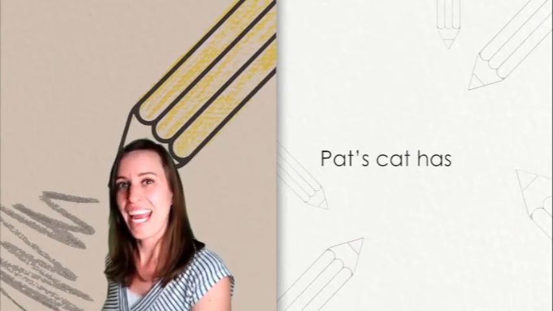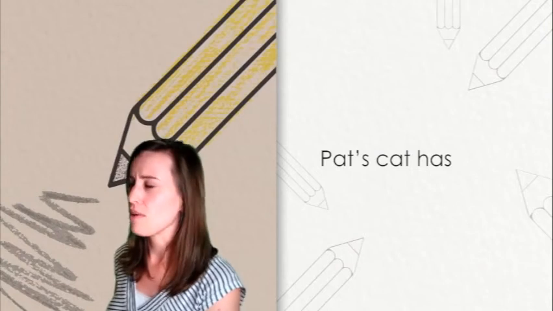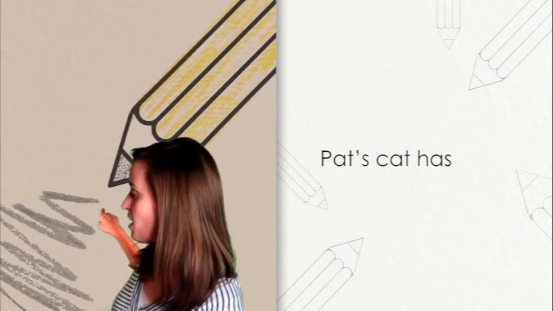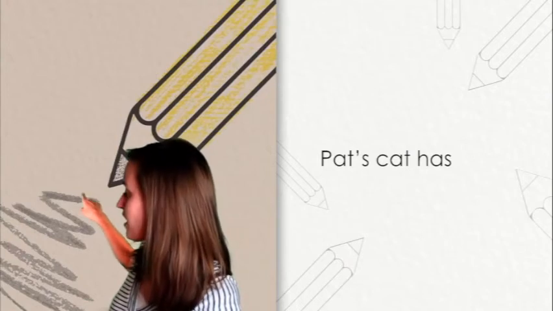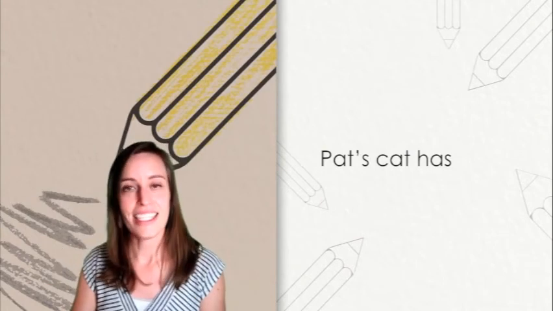After that H, we need an A. Pull back and around, up and down. And then finally, to end the word has, we need that lowercase s. Starting just under that dotted line, pull back in, around, and back around. Nicely done.